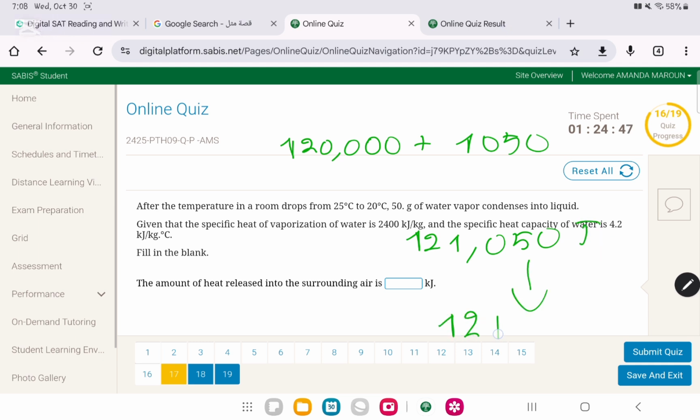It's going to be 121.05 kilojoules. Now this is the correct way to do it.